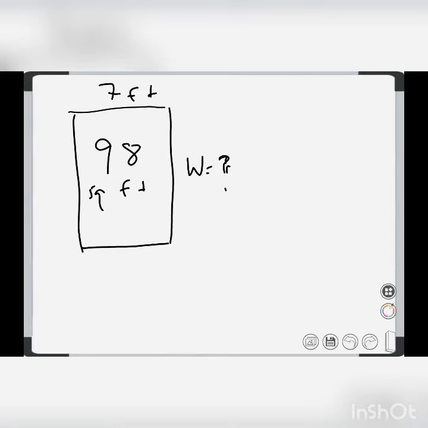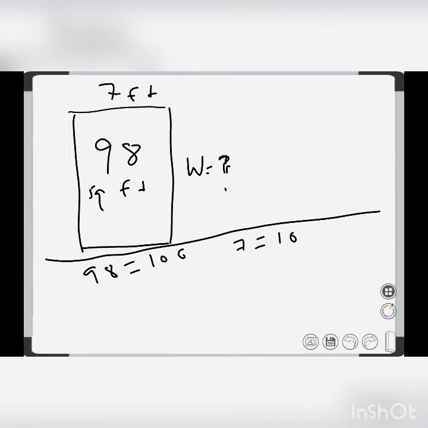So how do we figure this out? What can our answer be? Before we go any further, I would like us to do a little quick estimate. If I round each of these to the nearest 10, my 98 will become a 100. My 7, that's more than 5, so 7 will become 10.